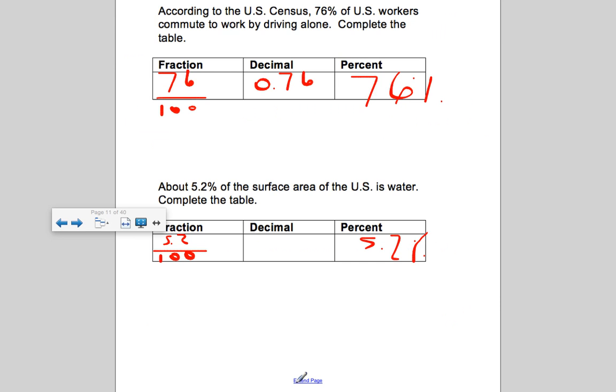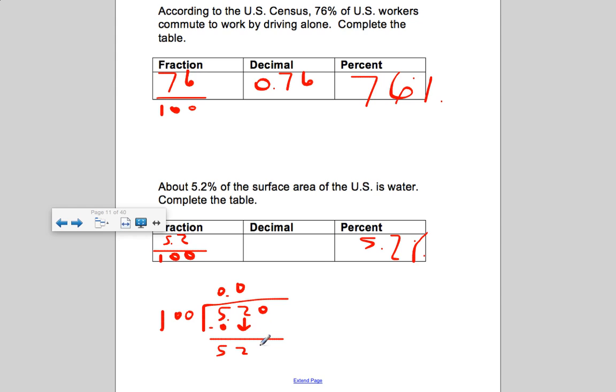Well, there are several ways you can do it. We can divide these two numbers and get 5 and 2/10 divided by 100. Can 100 go into 5? 0 times. Bring down the 2. Can 100 go into 52? 0 times.